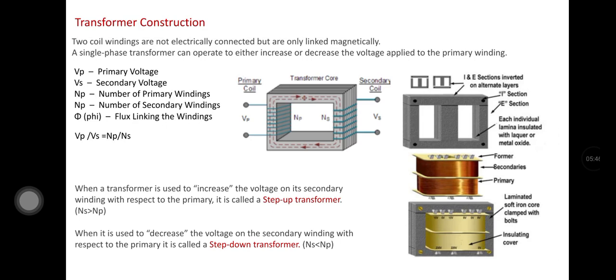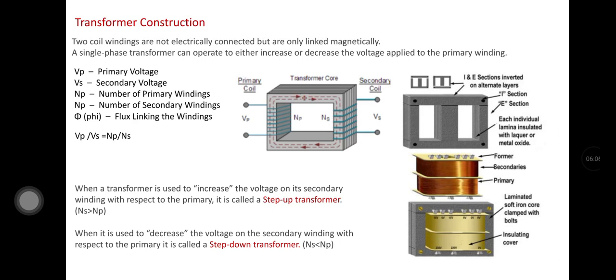And if you see the other diagram nearby this transformer, it is the E and I sections inverted on alternate layers, I section and E section.